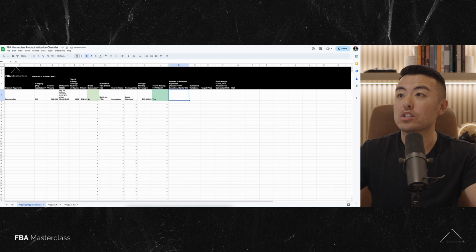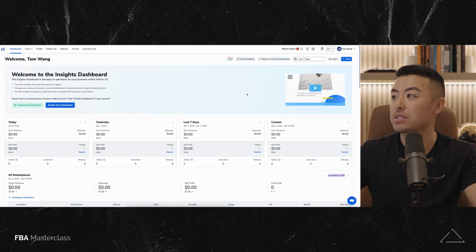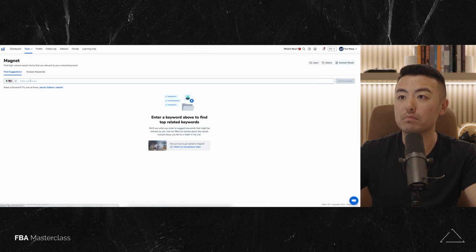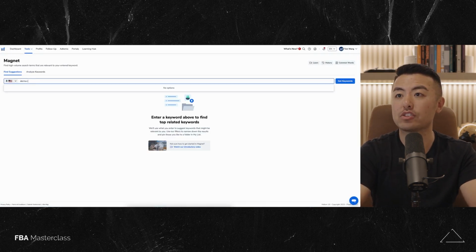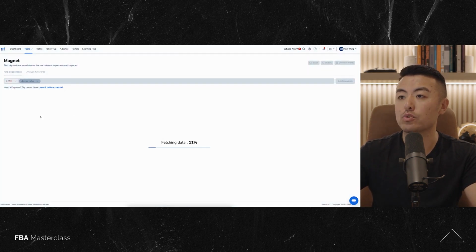Keyword relevant. So we want to make sure, according to the wide market test, that there are a lot of keywords for this particular listing. So what I like to do here is simply go on Helium 10. There's a couple of ways of doing it, but go to tools, right? And over here is where you can go to keyword, go to Magnet tool and just type in a keyword like derma roller, type that in, click a new search.